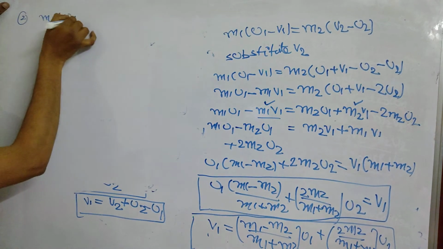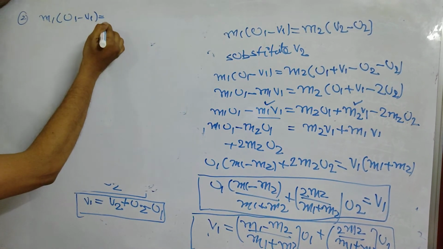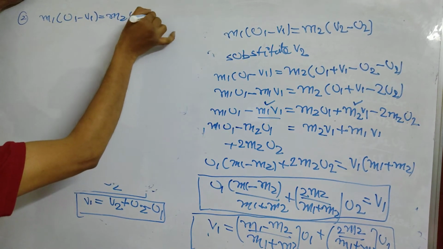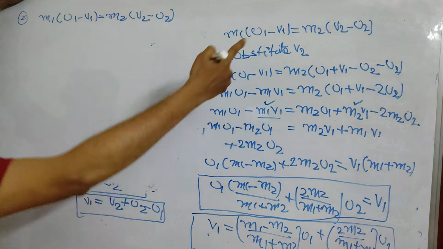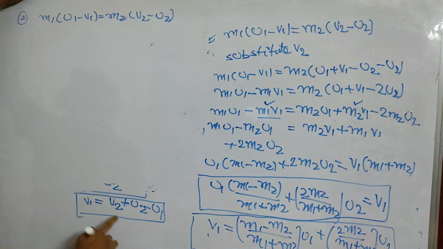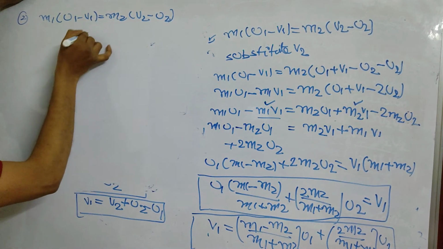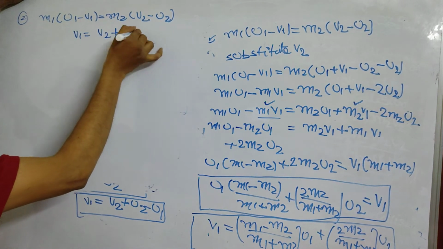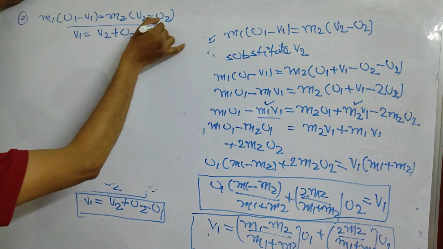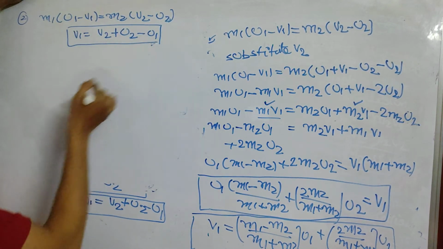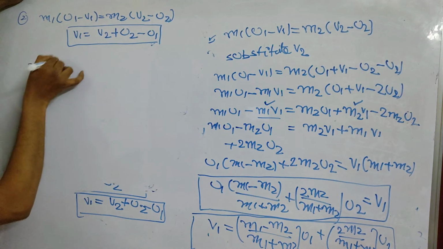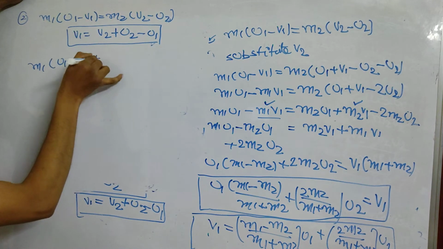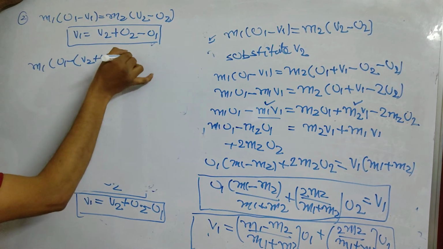Now m1 of u1 minus v1 equals, I repeat the value same as it is, m2 of v2 minus u2. Already have the result. What is that? v1 equals v2 plus u2 minus u1. Be careful to write the b and e letters, otherwise the results are not coming. Now substitute m1 of u1 minus v1 on the left side: v2 plus u2 minus u1.